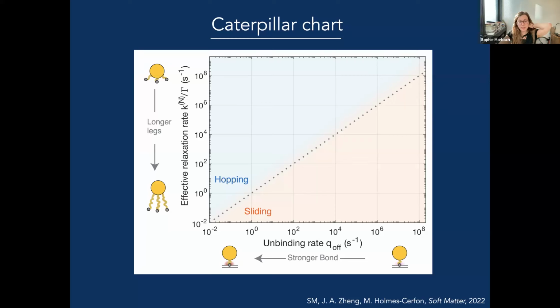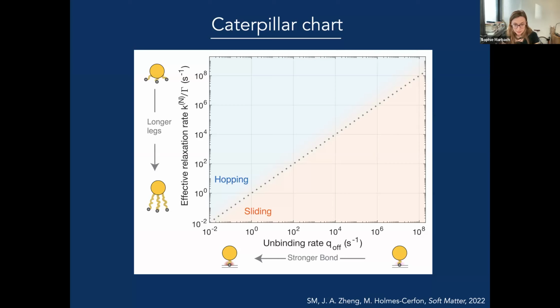And then on the vertical axis, you have some form of relaxation rate that tells you basically how wobbly your legs are. So you can have very stiff, very short legs at the top, or very wobbly, very wiggly legs at the bottom, so very long polymers. And then this chart divides the space in two, into hopping and sliding.